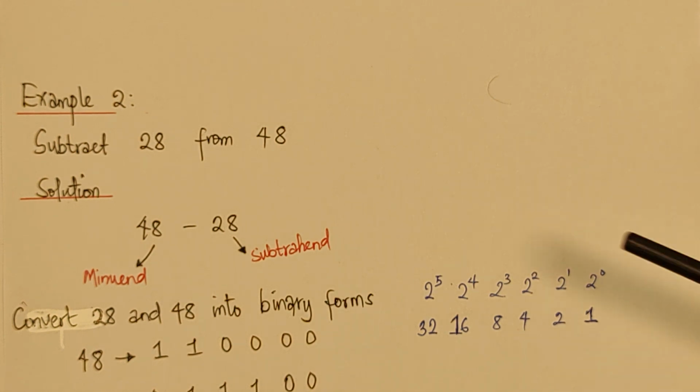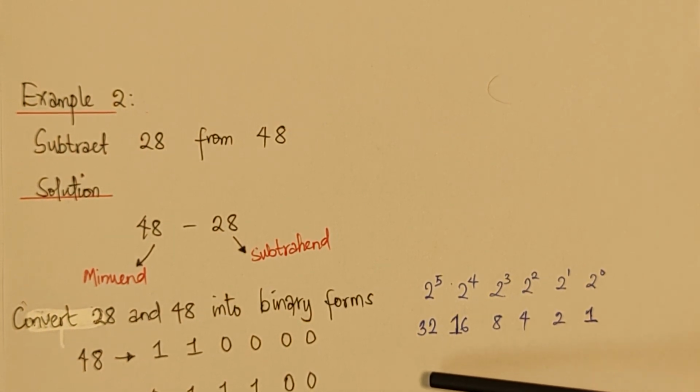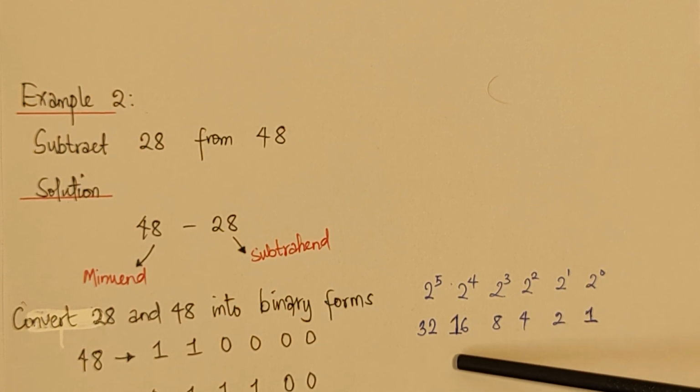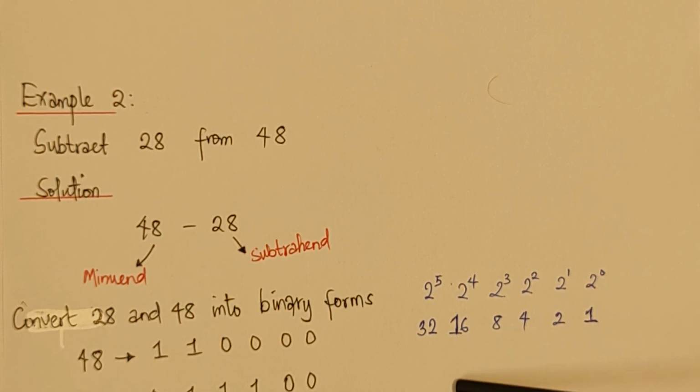So let's consider 28. If we are to take 28, what are we going to do? We can't take 32 because 32 is greater than 28. So we'll go for the next value, which is 16. Yes, 28 minus 16 will be 12. So since 16 will be used, we'll turn that on as 1. And then we'll look out for the other value that will make up 12.